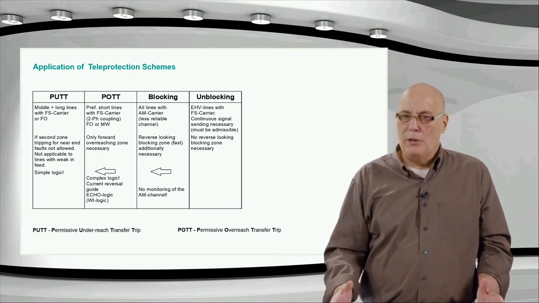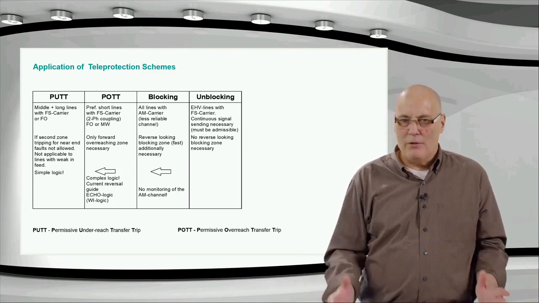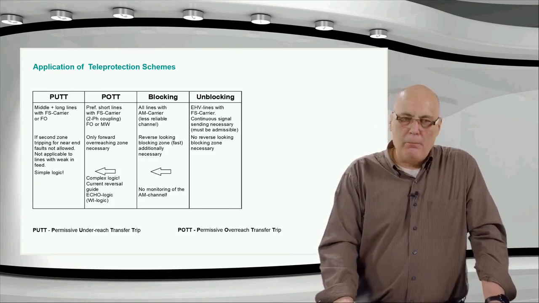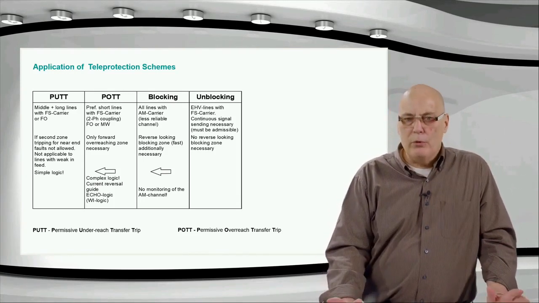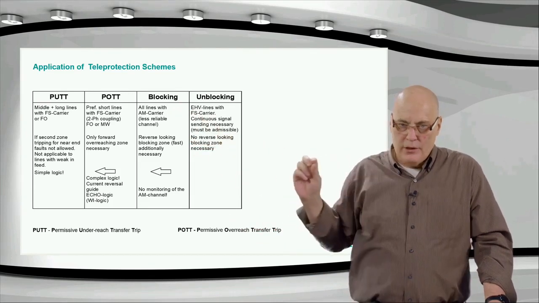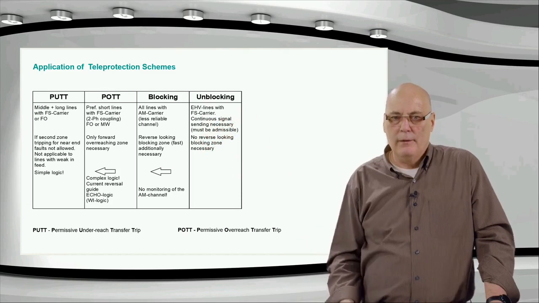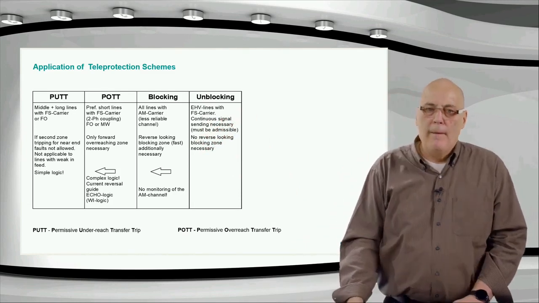All right, so I've looked at these schemes, blocking and PUTT, which work if you have certain external compromises. And in the middle, we've got the POTT scheme. The POTT scheme always works, if you assume your carrier will get through a faulted line. That's why you can see the use of special frequency shift modern carriers. The AM carrier is an older type of carrier system, not used nowadays at all, I don't think, anymore.